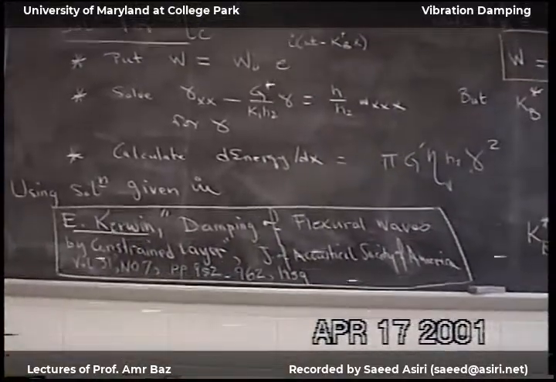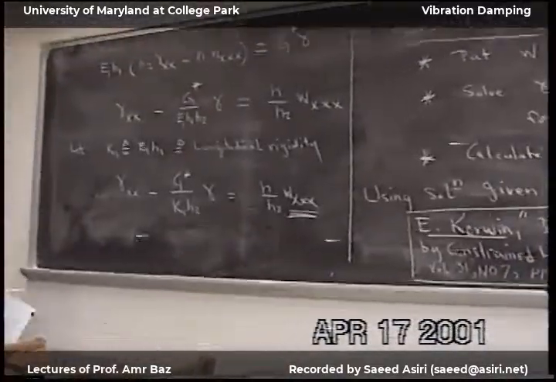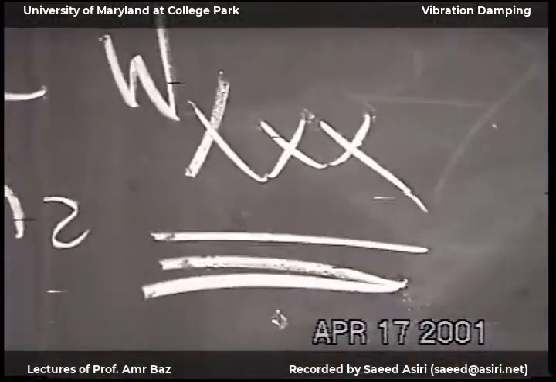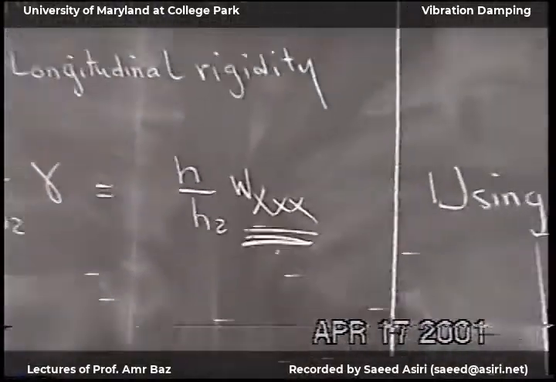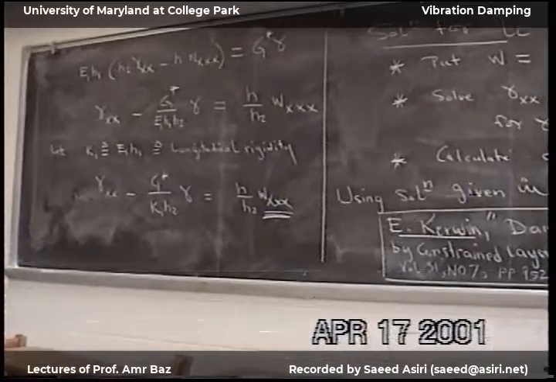So now we'll take the W and replace it here, and then it will be a partial differential equation in terms of gamma. We'll solve for gamma.